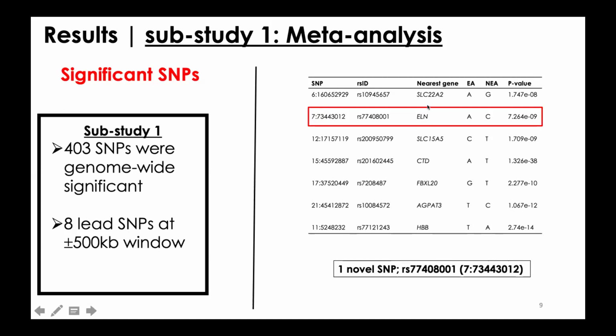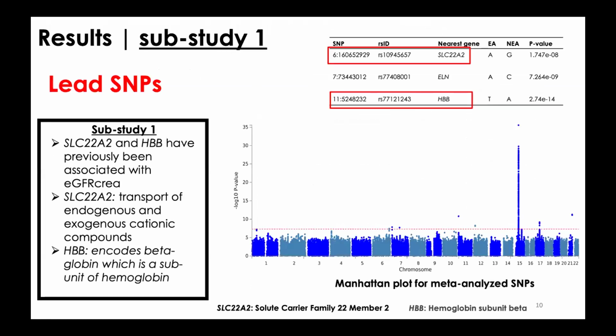We mapped it back to its gene, and it was mapped to the ELN gene, which is an elastin gene that has functionality in the synthesis of connective tissue. Of course, that was exciting, to find a novel SNP that's unique to Africans. We also further categorized and mapped all the other lead SNPs to see which ones had been reported to be associated with kidney function.